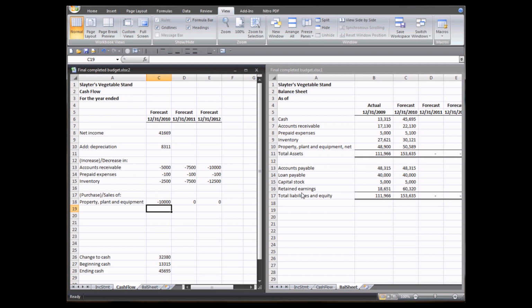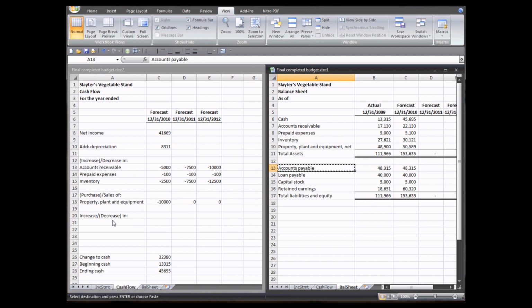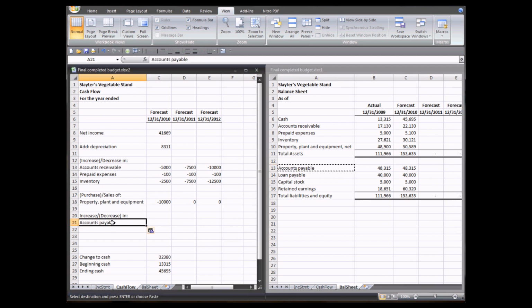Let's look at the liability and equity side of things. Okay, so let's start with accounts payable, and I'm going to go increase / negative decrease in, and we have accounts payable. If we had other current liabilities, we'd want to put those here also, but because I made my balance sheet pretty slim so that I could do this example for you without a whole lot bogging me down, I just have the one item.